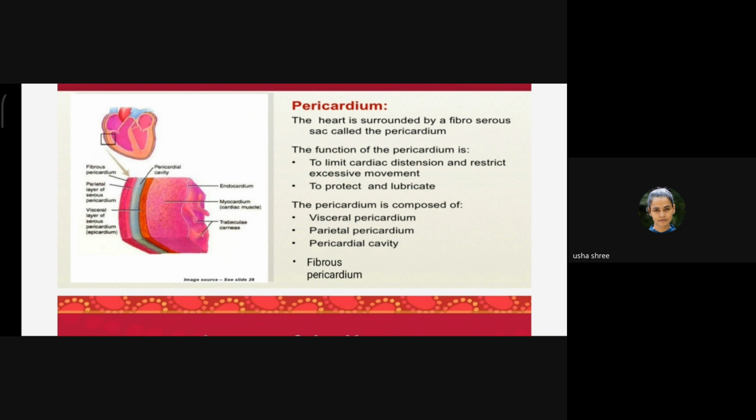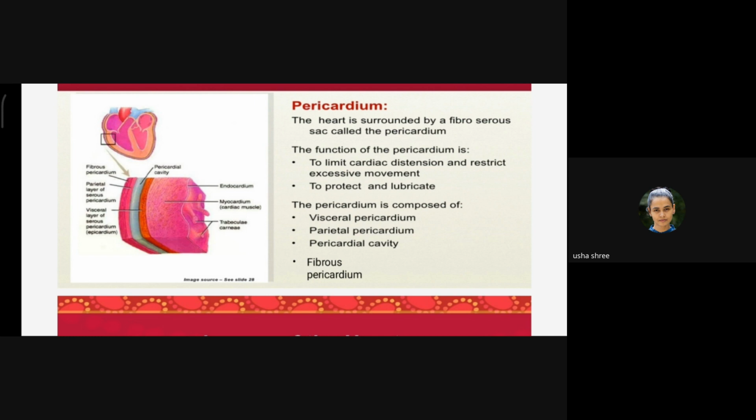You can see in this picture how the layers are separated, or how the layers are collectively working. At the outermost portion, fibrous pericardium, then parietal pericardium, then pericardial cavity, then the visceral layer or epicardium, then myocardium, and then endocardium.